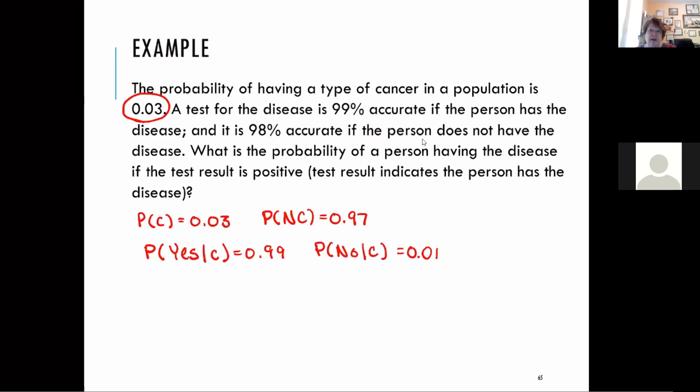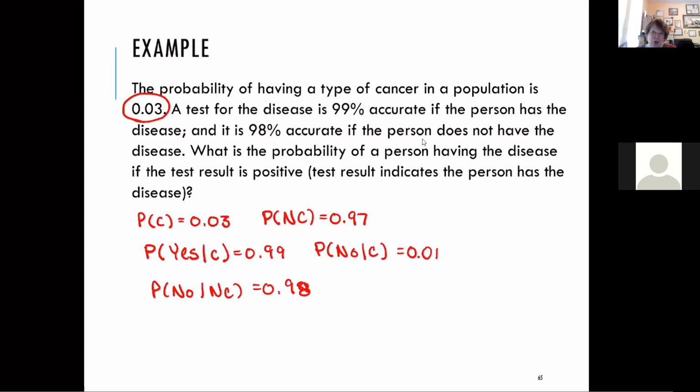So in other words, if I don't have cancer, 98% of the time, it tells me I don't. This is another conditional probability: I'm going to test no given I don't have cancer, and that is accurate 98% of the time.